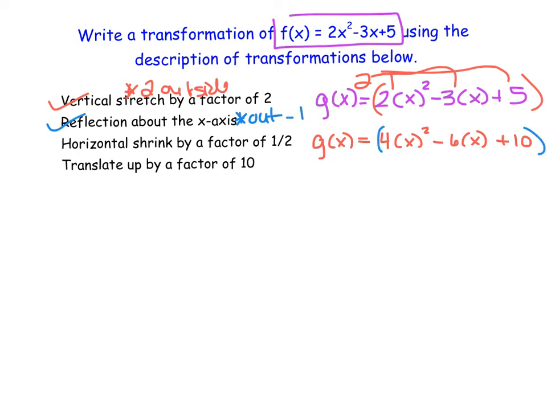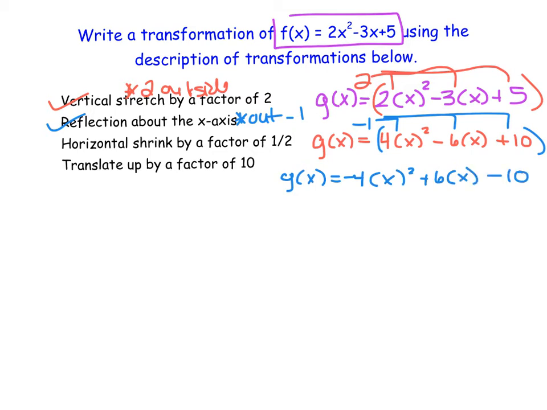So again, we're going to multiply this outside piece by negative 1, so the 4, the negative 6, and the 10 are all multiplied by a negative 1. So now if I multiply this out, I end up with g of x is equal to negative 4 times the x squared plus 6 times the x minus 10.